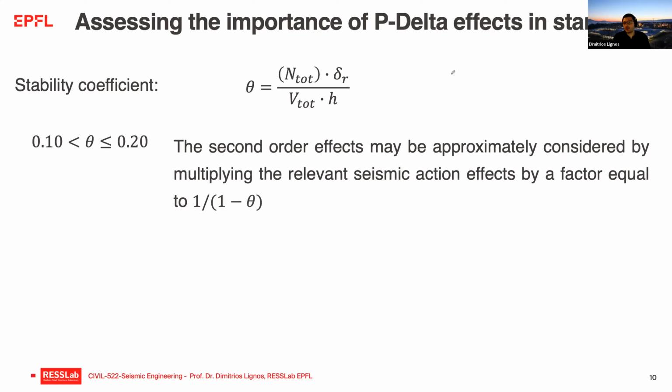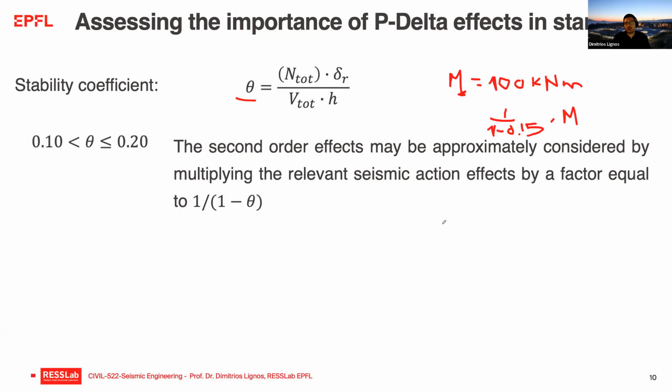So if we assume that by first order analysis, the moment is, say, 100 kilonewton meters, and your stability coefficient is computed to be 0.15, then to calculate the moment considering the amplification of second order effects, this would be 1 over 1 minus 0.15, as I said, multiplied by M. And this moment is going to be the amplified moment that you can consider directly to design the member.